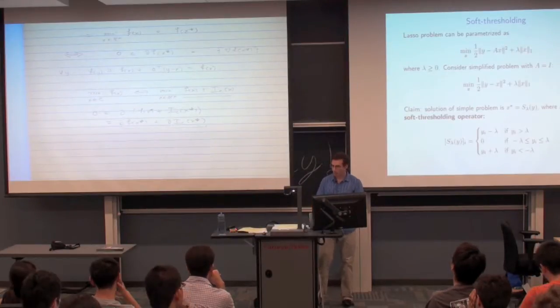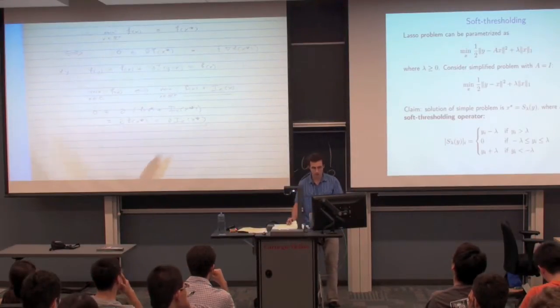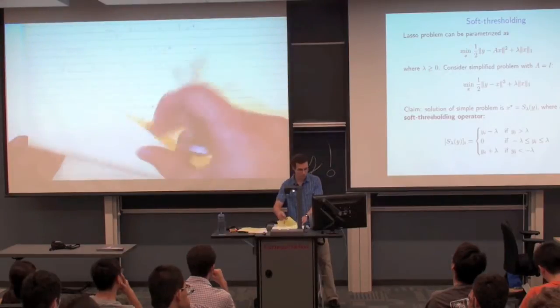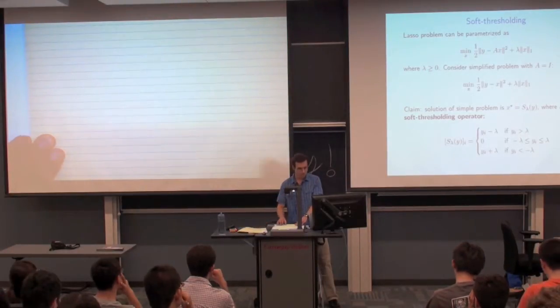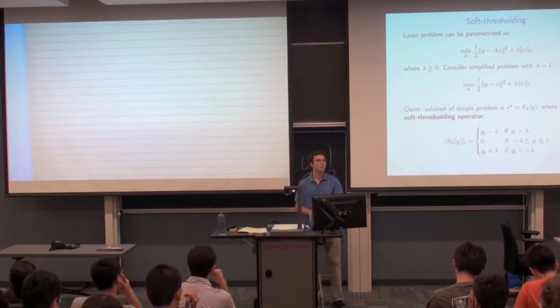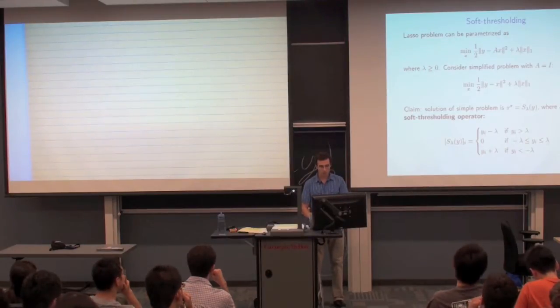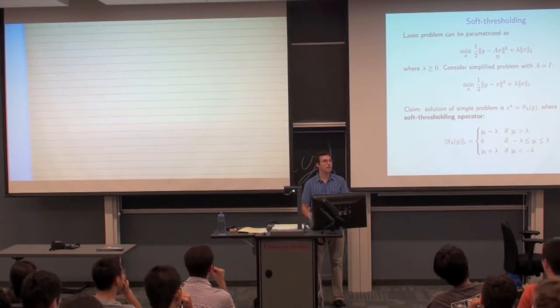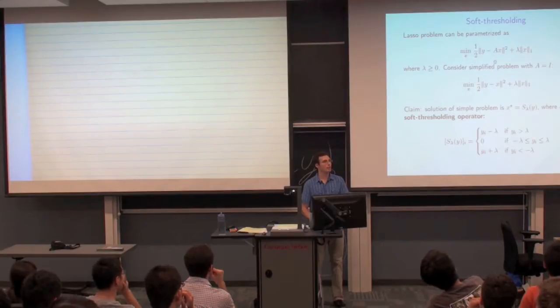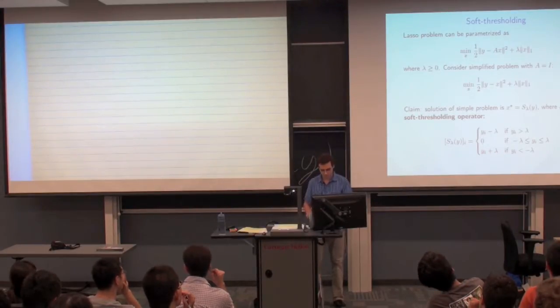Okay, so let's apply this rule to a problem that we'll see a lot, which is the lasso problem, but with design matrix A equal to identity. From this rule we're going to get something called soft thresholding, which will describe the set of solutions to us.